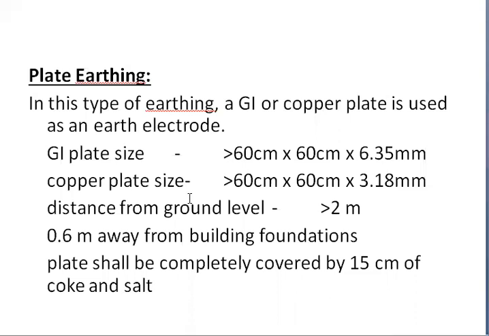The distance from ground level should be greater than 2 meters, 0.6 meters away from building foundations, and the plate shall be completely covered by 15 centimeters of coke and salt.